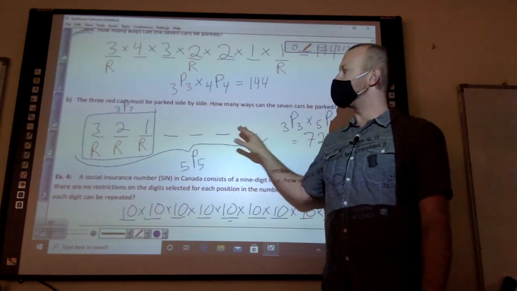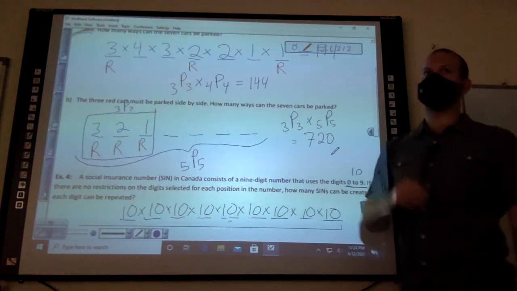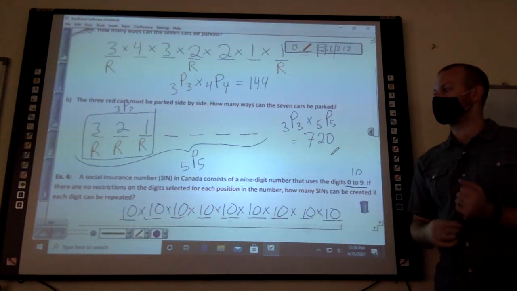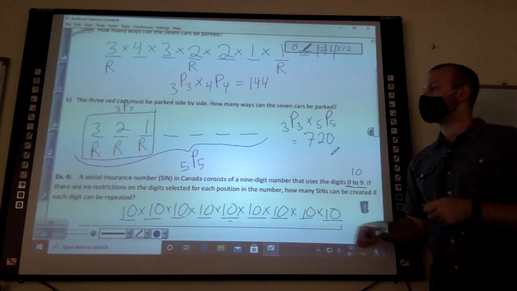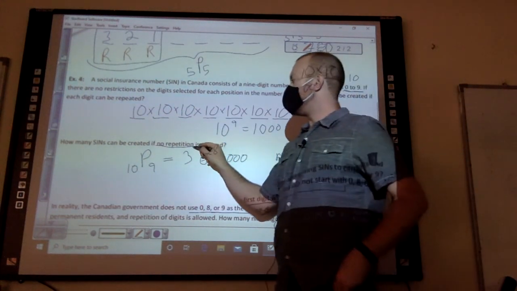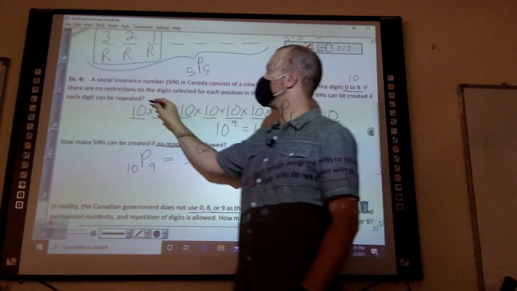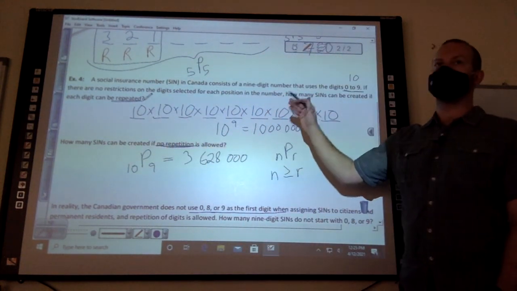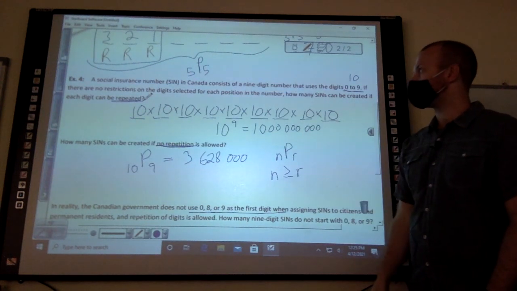But drawing things out with these dashes, I find that really helps when I'm solving these questions. So when you read the question, you'll need to look at, is repetition allowed? Are they allowed to be repeated? Because that will change what numbers I put in here. So you'll just need to read the question carefully to figure that out.